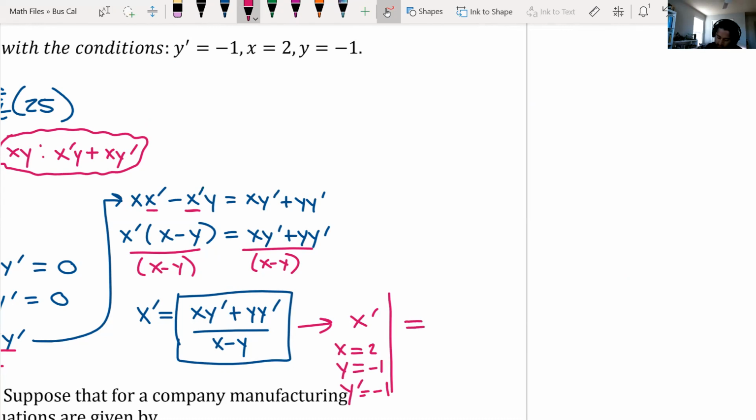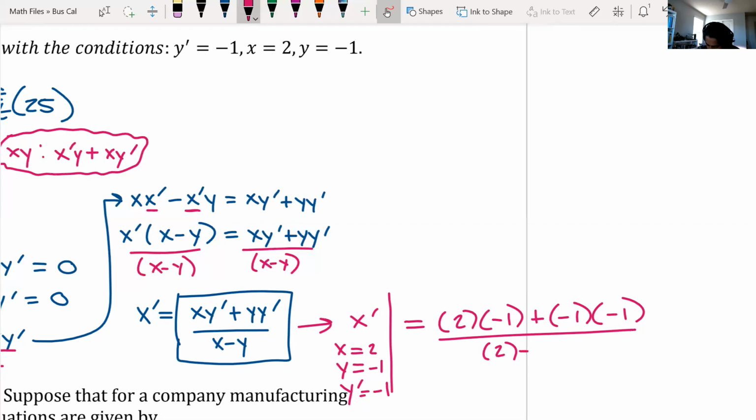Okay, and let's plug into our derivative, and you're going to have 2 times -1 plus -1 times -1 over 2 minus -1.